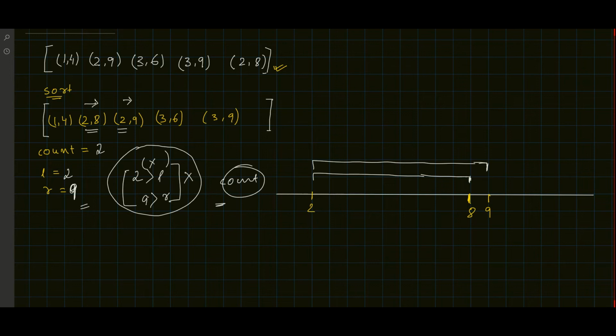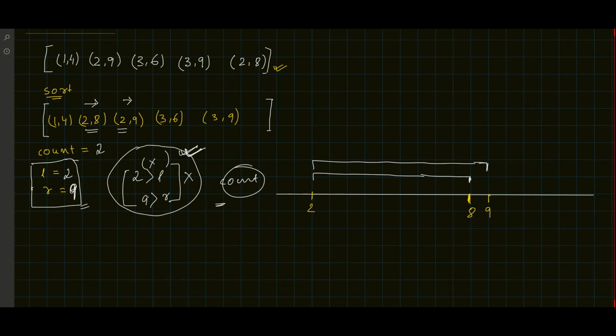So our code is going to be pretty simple. We just need to check a couple of things here. If this condition is satisfied, well and good, we increment our count and then update the values of left and right.